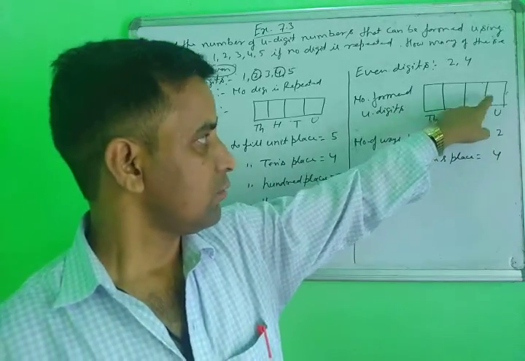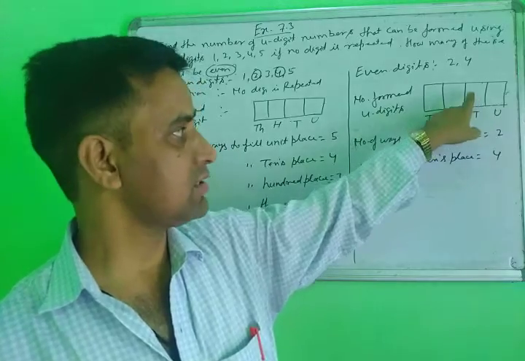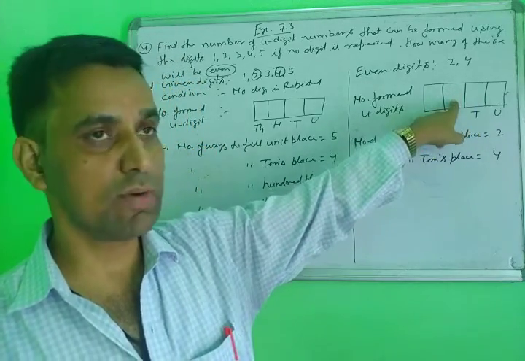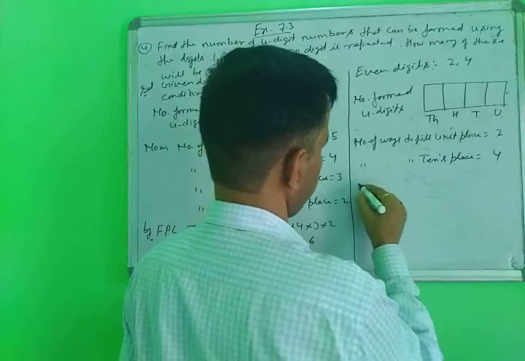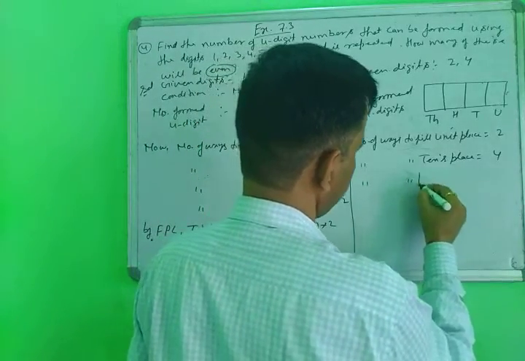Then 1 and 2 digits are already used, so for the hundreds place you have a choice of only 3 ways. This is 3 ways because two digits are already used here, leaving only 3 digits. Next, the thousands place.